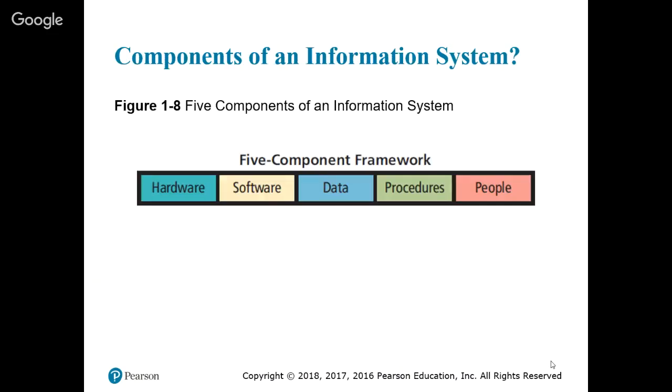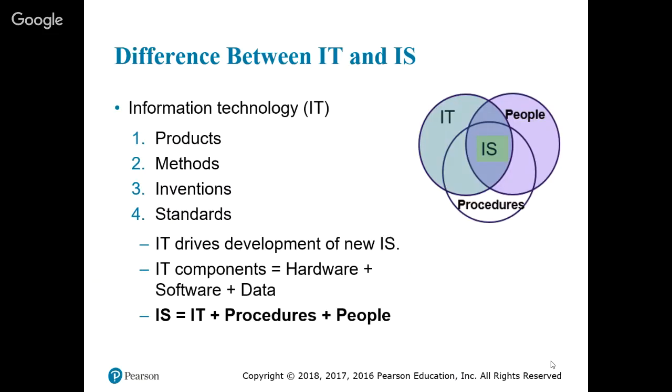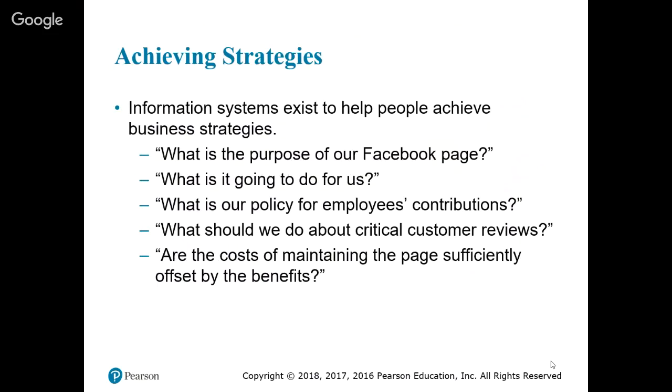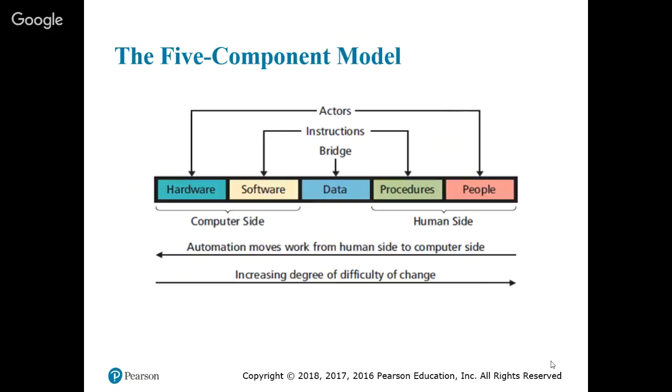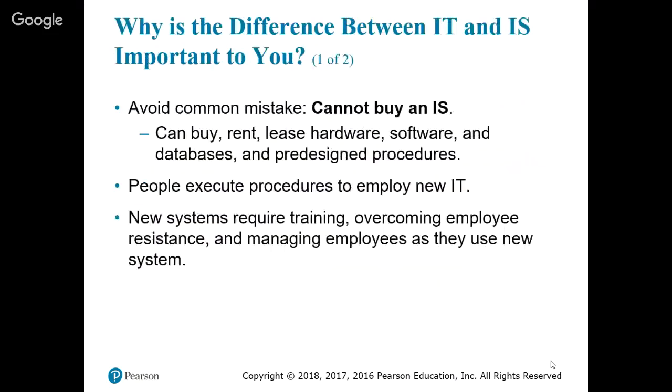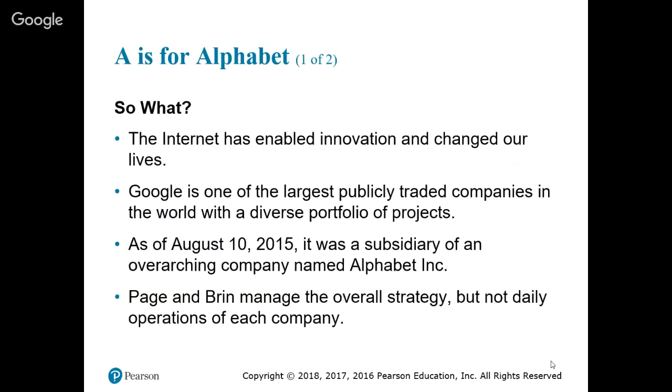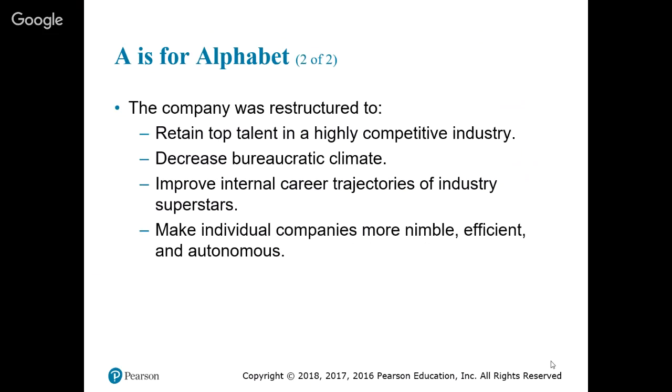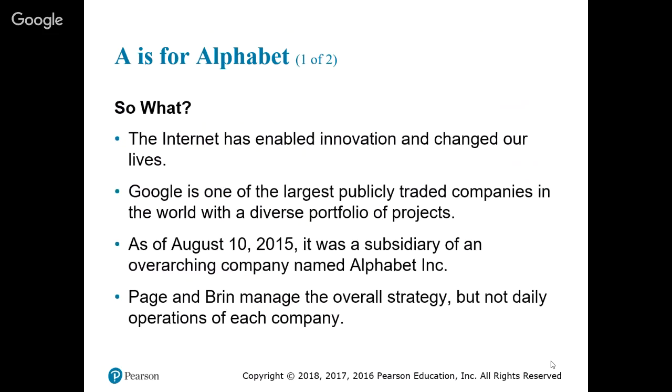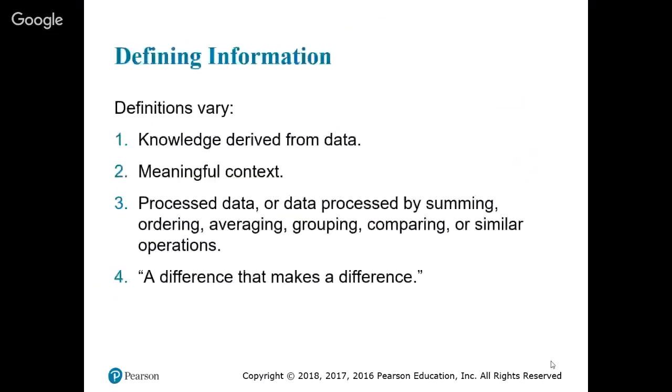Some other important aspects: you can read about the components of an information system, which is pretty interesting. That's also in chapter 1, so go over those components. It also goes a little bit into Google and why Google is so popular, so read about that.